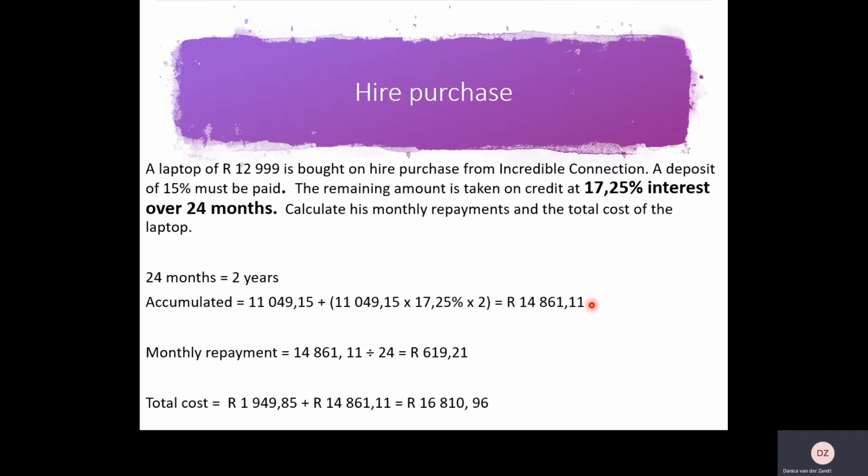There's my simple interest formula: 17.25% with the percentage sign over 2 years tells me my accumulated amount, principal plus interest. Dividing by 24 gives my monthly repayment, but the total cost is my deposit plus accumulated, which is principal and interest.